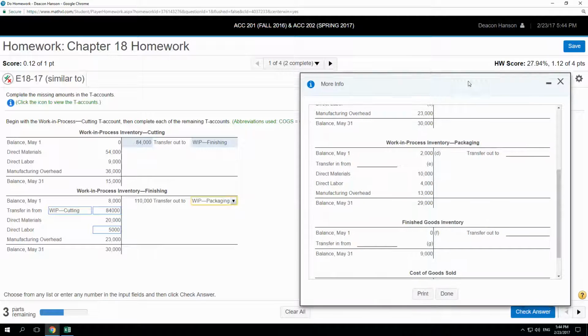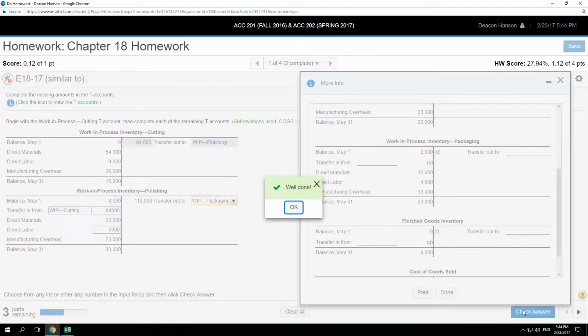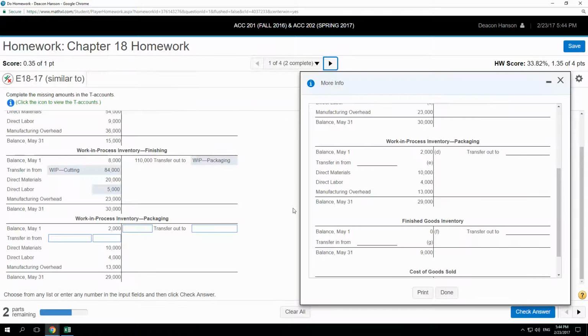And then we'll test it, see if that's right. Now once it comes into packaging, we gotta indicate that on the packaging account. So transferred in from finishing, and that would be the 110,000. That's coming out of finishing here with the credit and being debited to packaging.